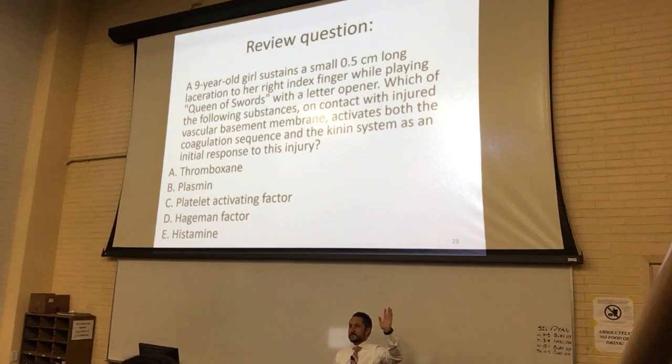Okay, we actually covered this one in one of the previous questions, right? This is a question about a wound, and it's asking about the sequence of events in the wound, and it's talking about the two systems. It even labels them, coagulation and kinin.